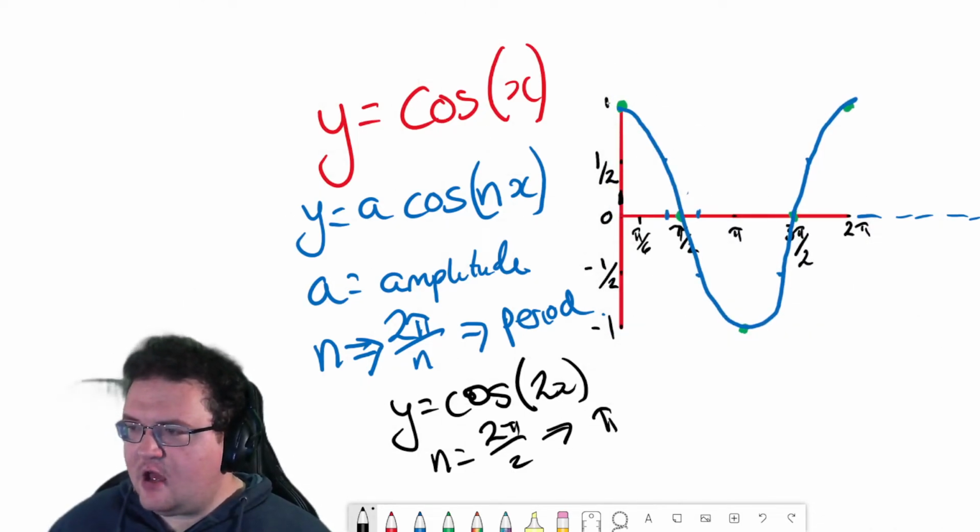So we take our points that we know. Now we know that the graph is going to end at pi. So we've halved that, which means we're probably going to have to squash this. And this would now be down here.